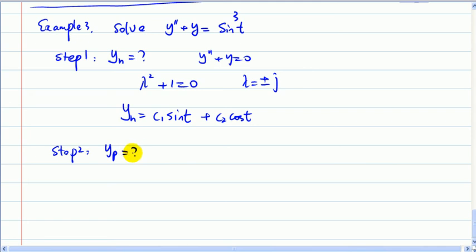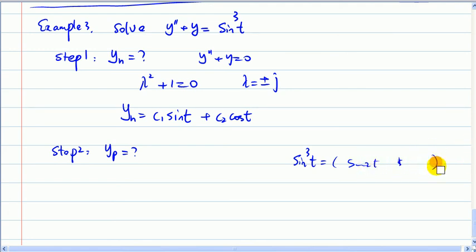For yp, you have to make an initial guess based on the forcing function sine t cube. But if you look at our table, there's no forcing function in the form of sine t cube. As a matter of fact, if you remember, in assignment number 6, the bonus question, I'm not sure if you did it, asks you to simplify sine t cube into a function of sine t, 2t, 3t, kind of thing like that.